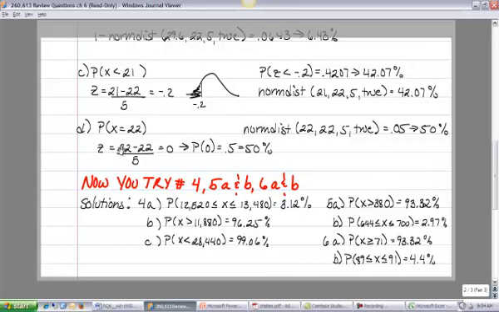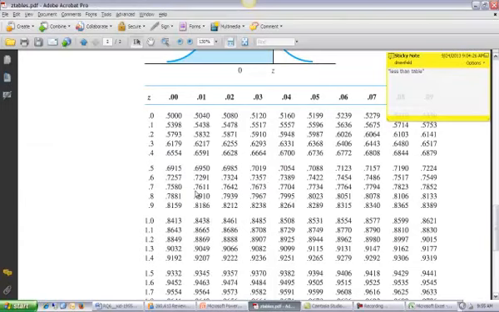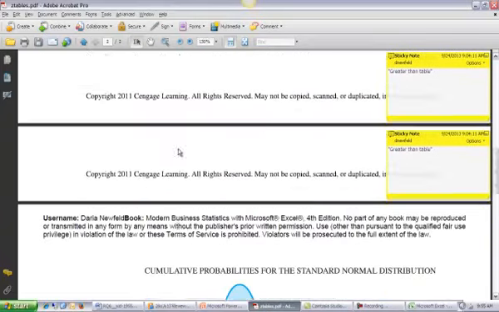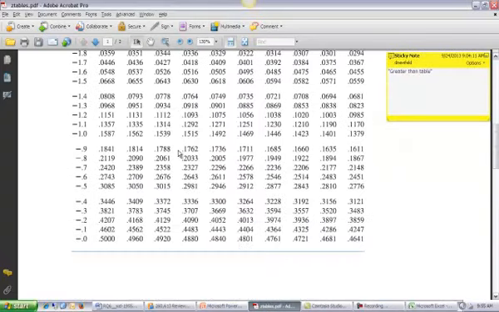And then part D asks me, what is the probability that the car will get exactly 22 miles per gallon? Well, when I go to convert into my corresponding z-score, I get a 0. So the probability that x is equal to 22 is also equal to the probability that z equals 0, which is going to be 50%. So z of 0 is 50%. You can see that in both tables. 0 is 50%.